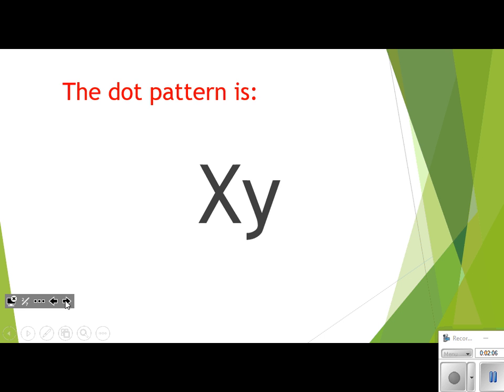How many valence electrons would silicon have? 4. How about the next one, germanium? 4. Tin? 4. Lead? 4. That whole family has the same amount of valence electrons. It would be 4. So as we're looking at these S and P of the main group elements, we can know how many valence electrons based on where they're at on the periodic table.